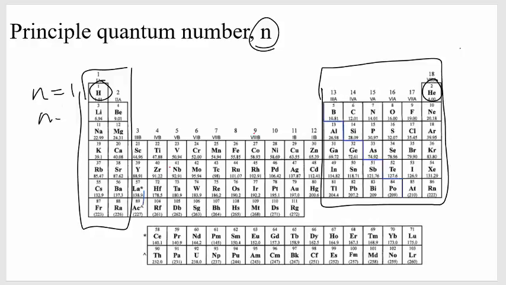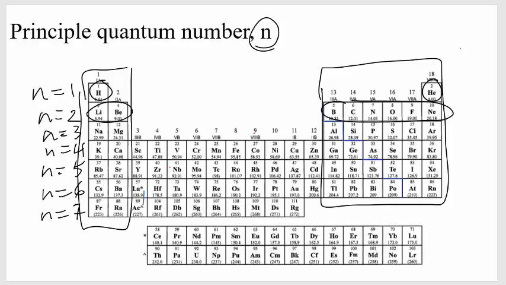We have n equals 2 for all the elements here in the second row, and then so on. Throughout the video, you'll probably want to have your periodic table with you and maybe make notes on that as well. So those are the main group elements, where their row is their principal quantum number.